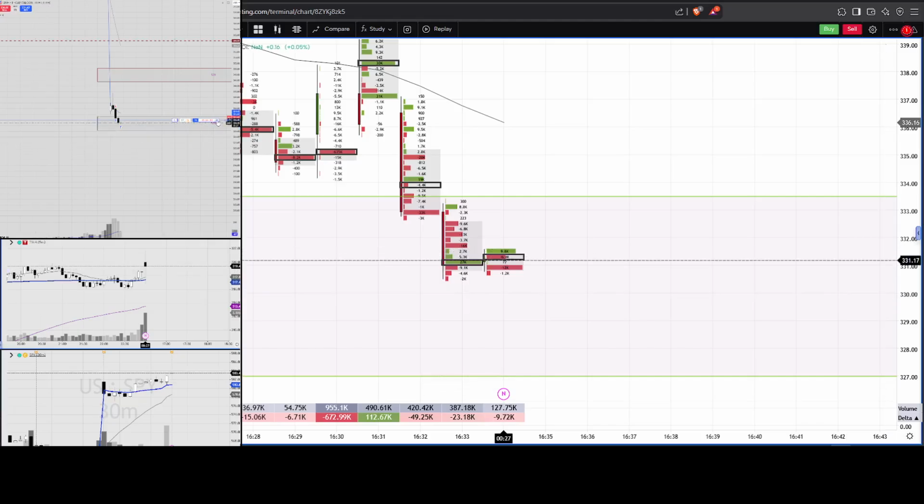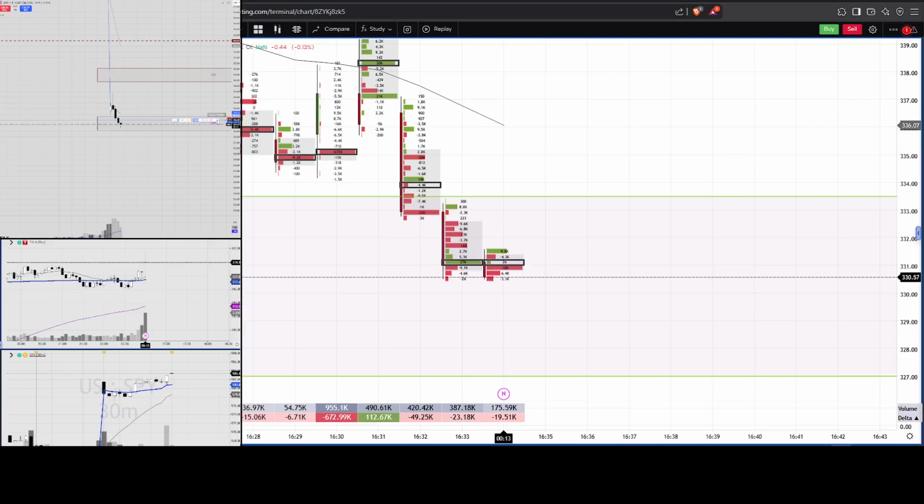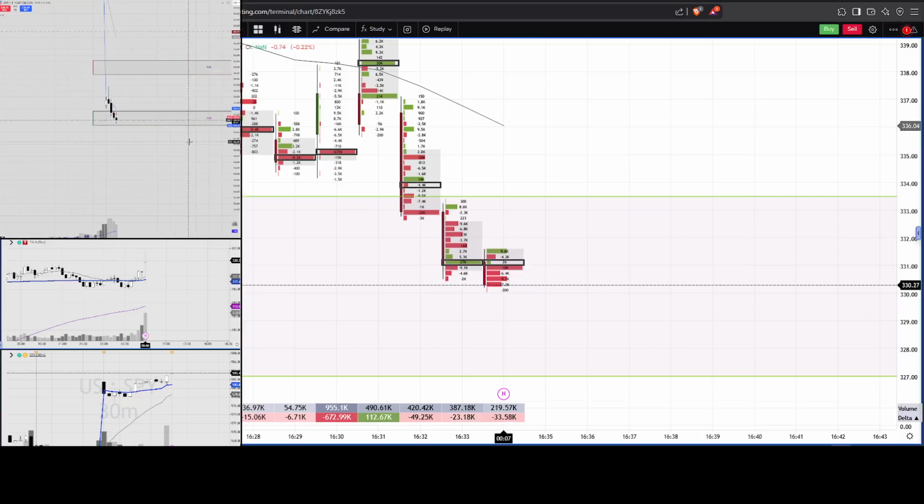If this price doesn't hold, why am I at a $15 loss despite the price holding up? I think I might take the L. Let's take the L. Let's go short.